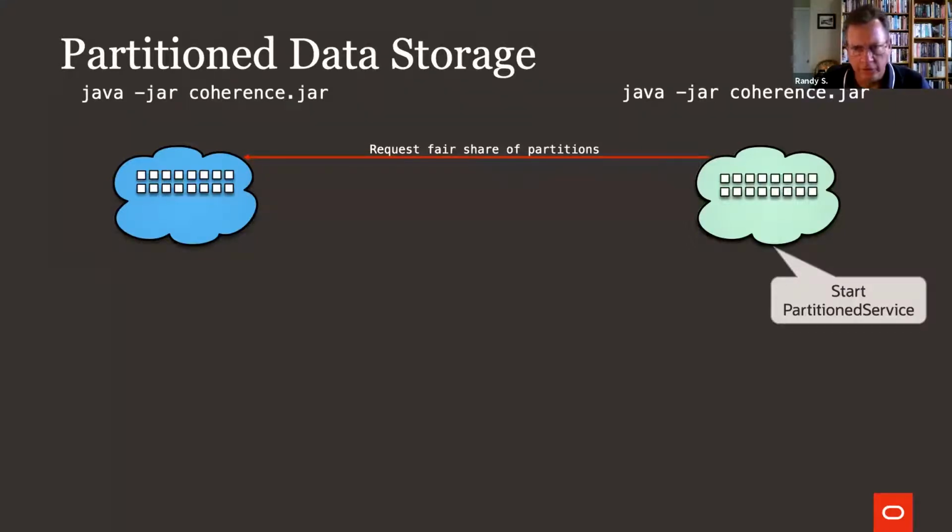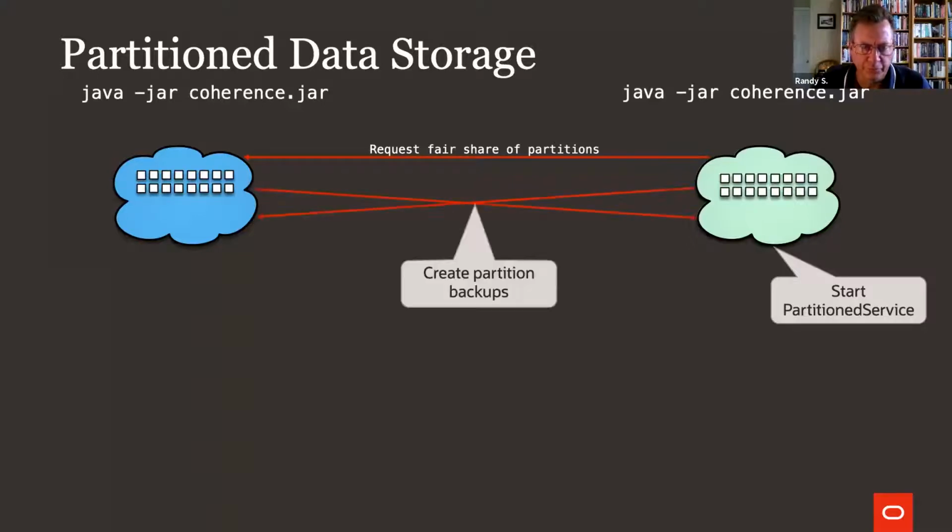The senior assigns it some partitions, and backups are created in a different process, usually on a different machine by default. And also, if you want to, you can have your backups at a different rack or a different site or a different availability domain in a cloud deployment. So we try to keep the backups as far apart from the primaries as possible, which lends to high availability and reliability of the data.